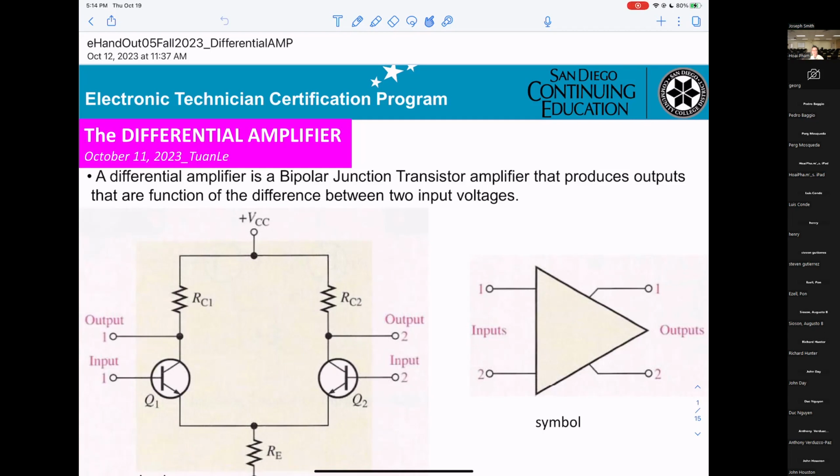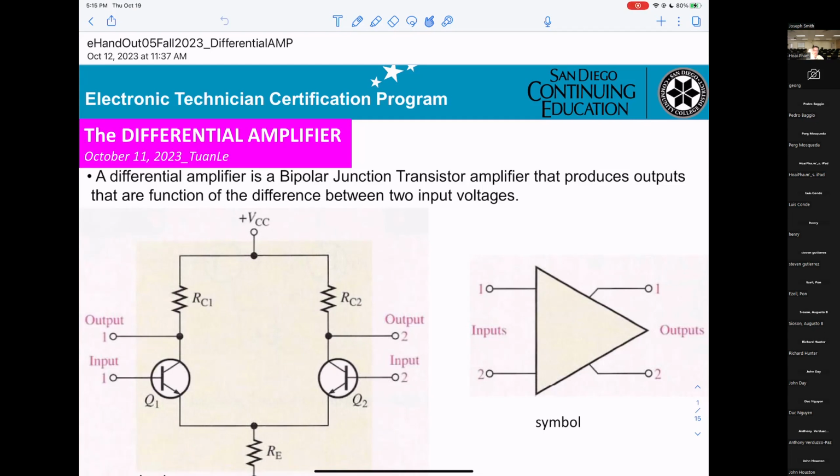And then common collector. You understand the common emitter, that means emitter will be at the AC root. Common collector will be collector at the AC root.